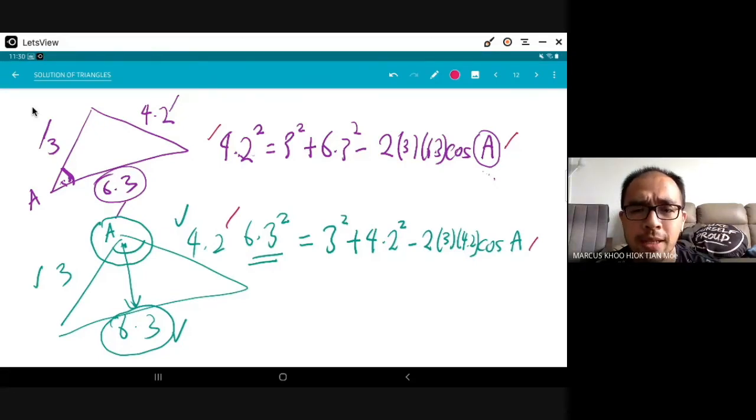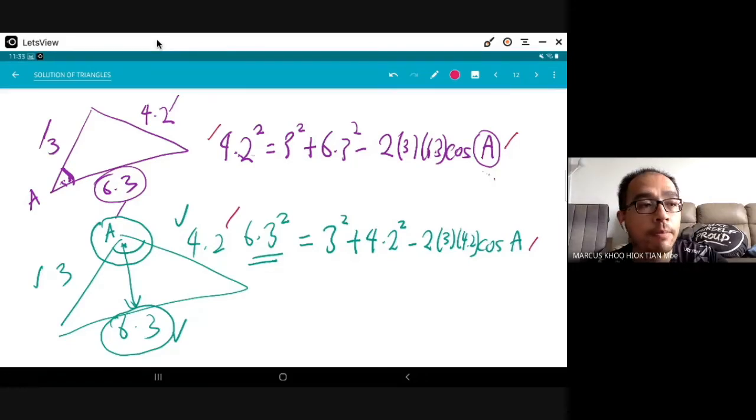Somebody else besides Ng Wei Chen and Sinbury, please calculate this and give me the answer for cos A. Purple, how many degrees? Green, how many degrees? I give you 5 minutes to calculate this.